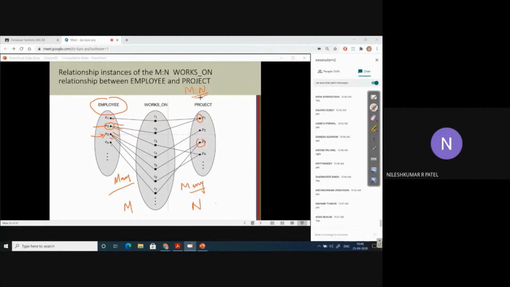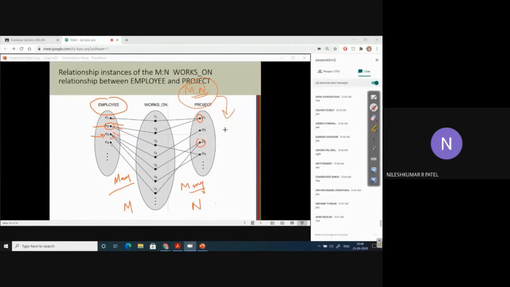This is all about cardinality ratio, and it is one important concept to know. As a database designer, you have to define in your ER diagram whether the cardinality ratio between employee and project entity types is 1 is to 1, 1 is to n, or m is to n.